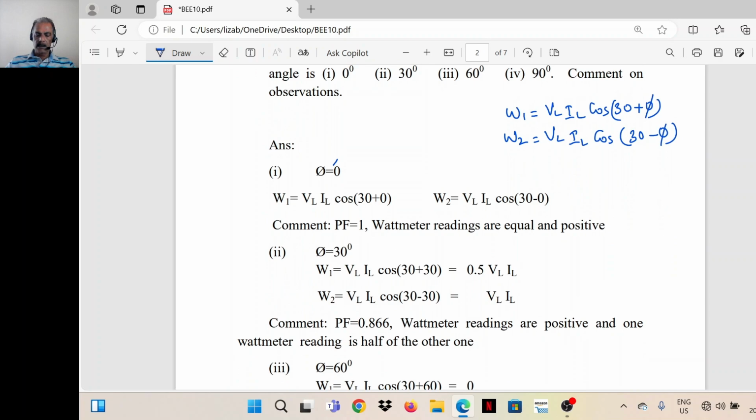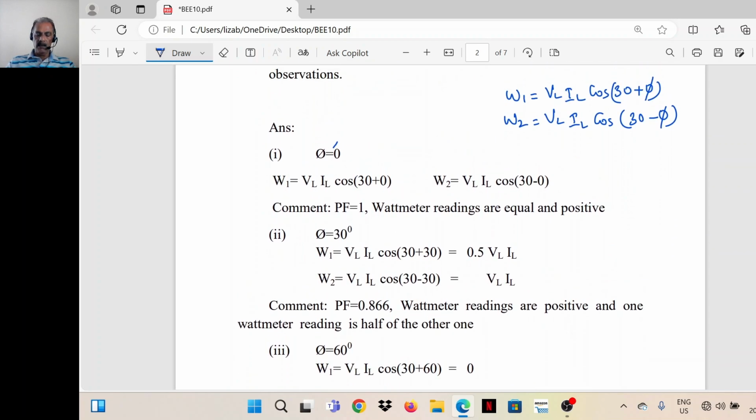Next, when the power factor angle is equal to 30 degrees. So when the power factor angle is 30, the first wattmeter will read VL IL cos(30 + 30), cos 60, and cos 60 is half, 0.5 VL IL. And W2 is VL IL cos(30 - 30) or VL IL cos 0, that is VL IL. So when phi is 30 degree, power factor is cos 30, that is 0.866.